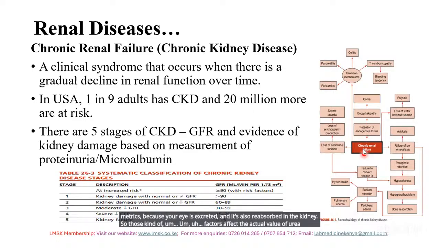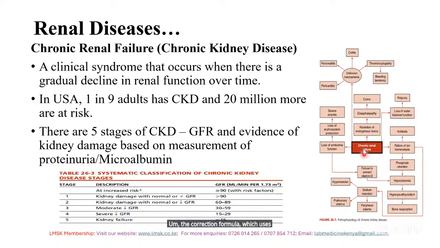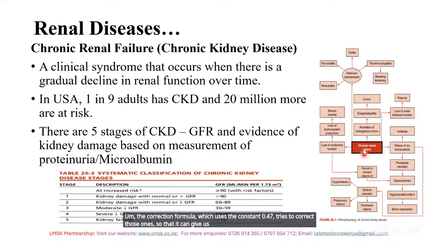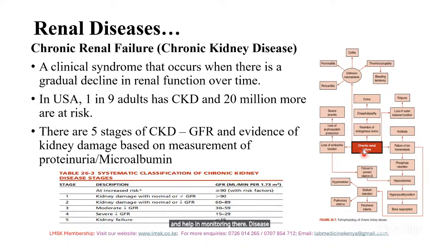So the correction formula, which uses the constant 0.47, tries to correct those so that it can give us an ideal value of how much urea is actually in the blood and help in monitoring the disease progression in those patients affected. Yeah. Thank you so much, Baraza.